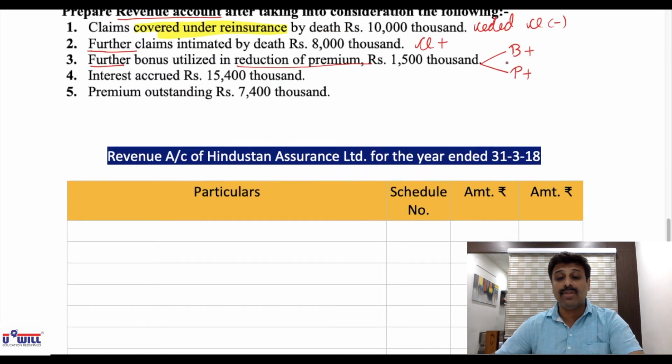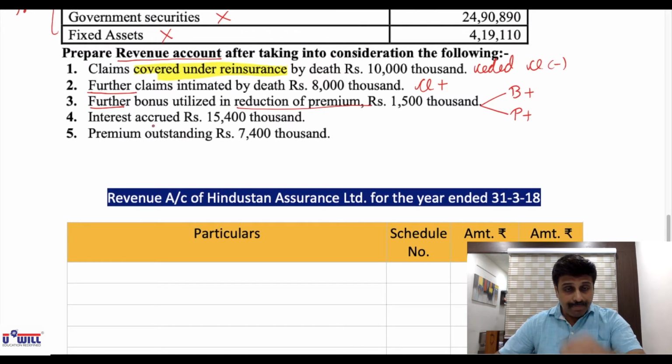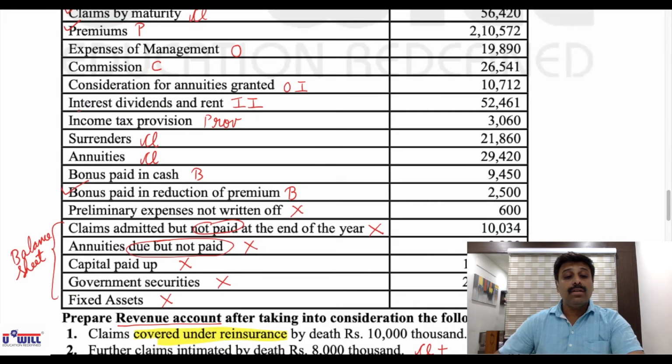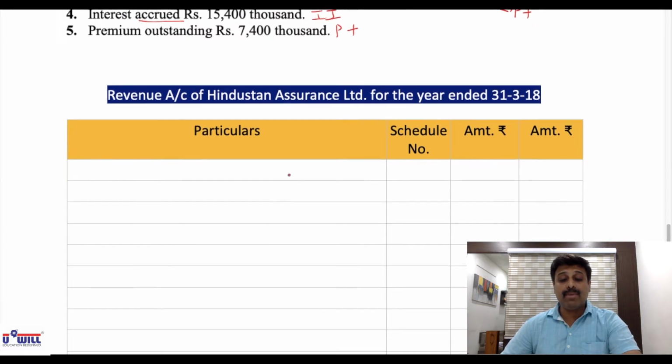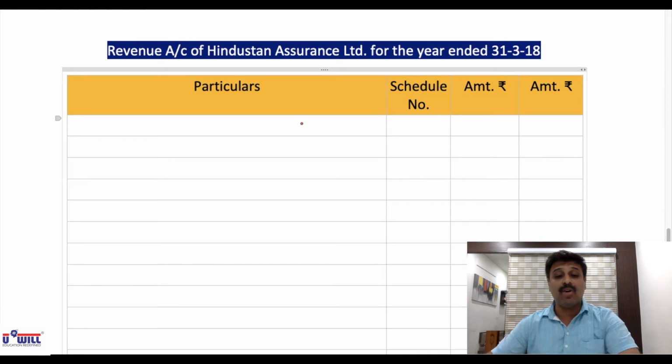We have to add in both of them. And then interest accrued, will add in investment income. So put a tick on interest, dividend and rent, there we will add it. Premium outstanding will add in premium income. Outstanding and accrued amounts will add in respective incomes. So same procedure like the previous question, all of you make the format.